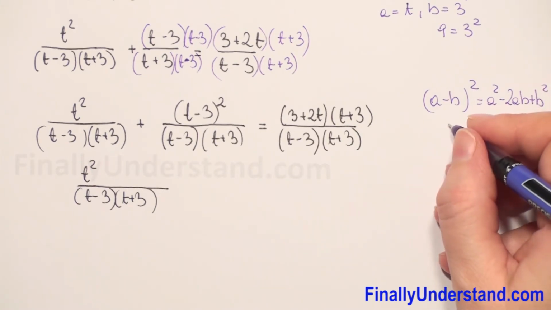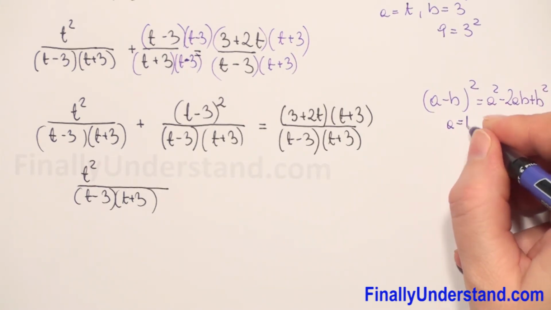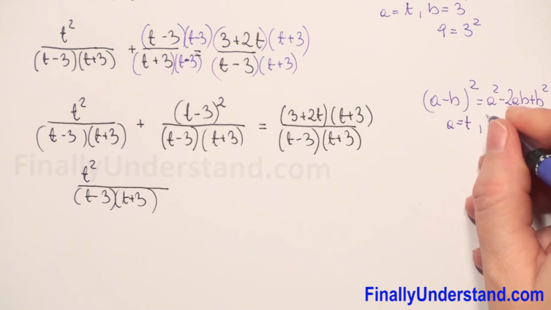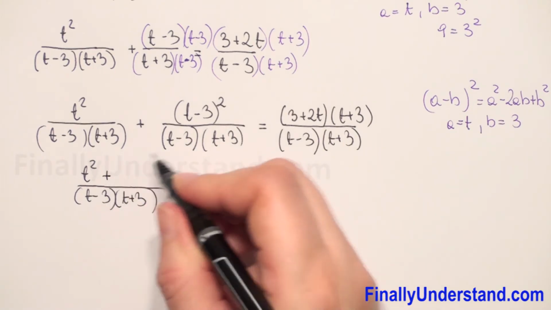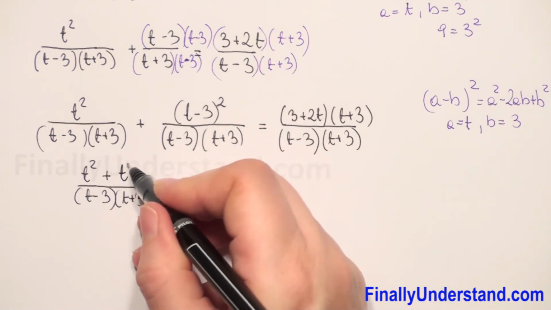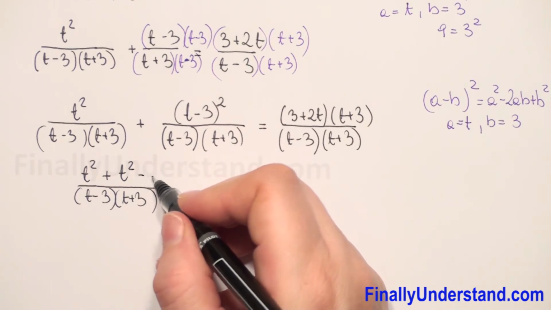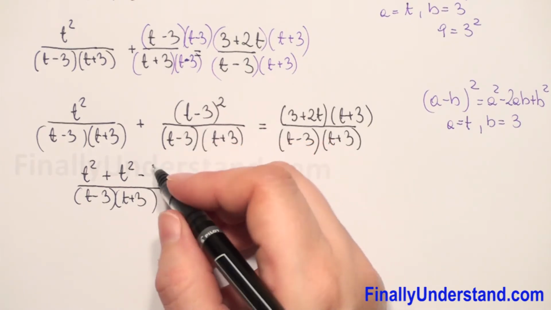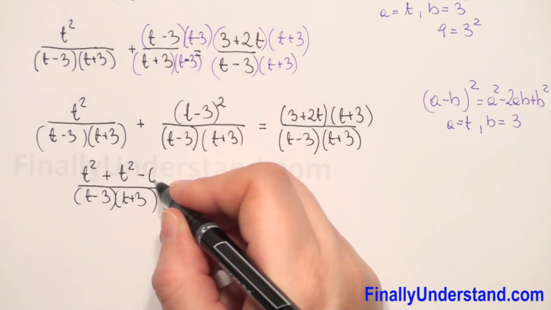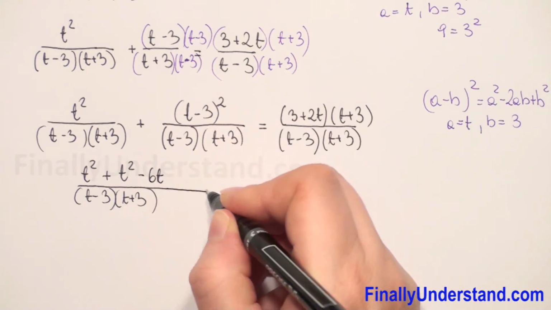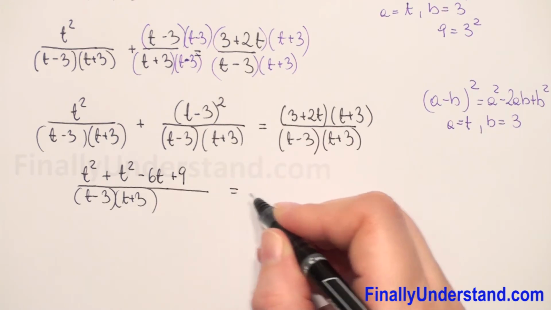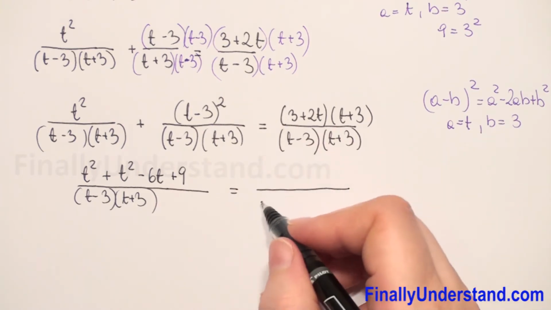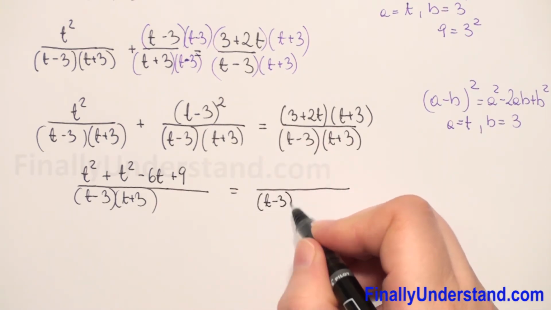In our example, a is equal to t and b is equal to 3. So we will have plus t squared minus 2 times t times 3, so minus 6t, and 3 to the second power, which is 9. This is equal, and the denominator we will copy.